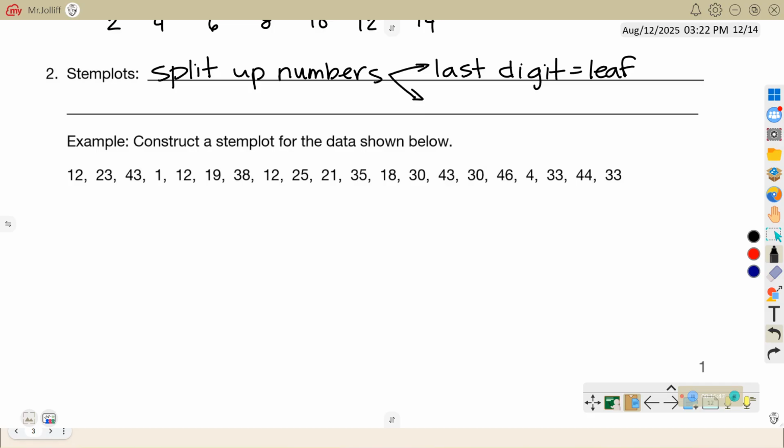Picking off the very last number, separating it from the rest. That's called its leaf. The numbers that are left over, the remaining digits, are called the stem, which is why it is called a stem plot. We are going to organize the data by stem. Each stem is going to get its own row.